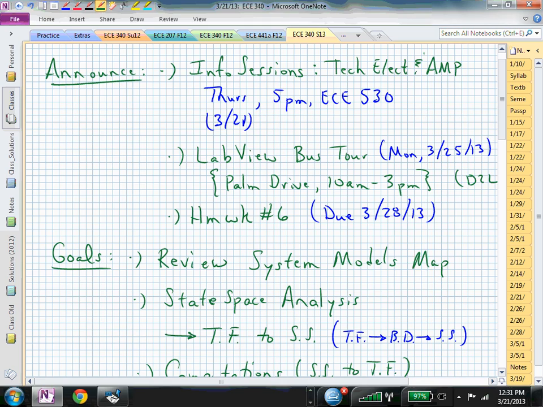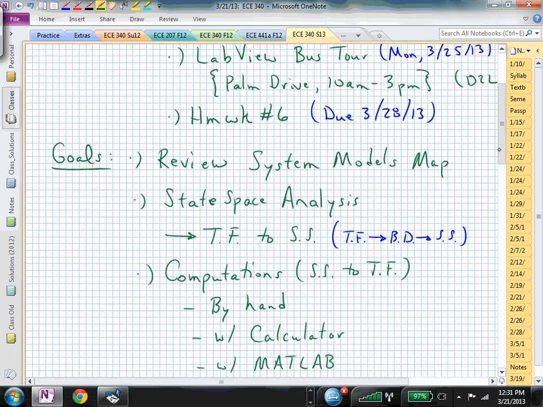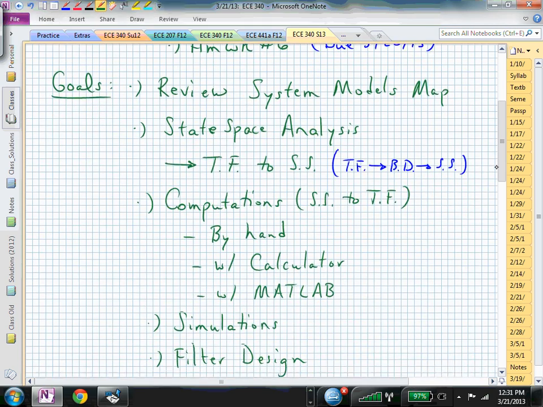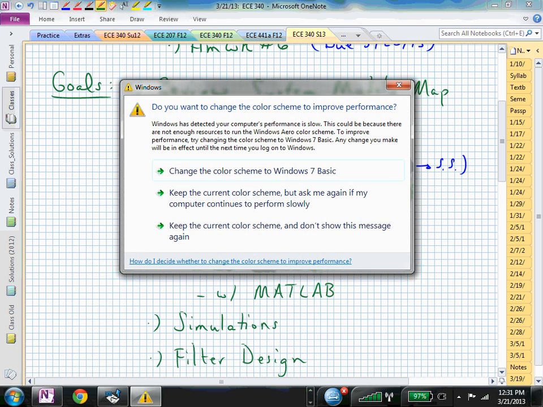Those are the announcements. Today what I want to do is pick up where we left off, and in order to do that I want to review this map or this picture of all these different system models that you can now create and how those are interrelated or connected.